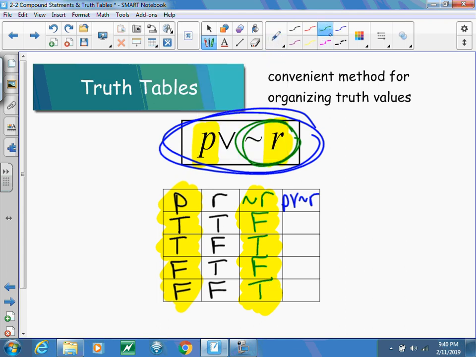So one or both have to be true in order for the statement to be true. So if I have a true and a false, there's at least one true, so the whole statement's true. True, true, the statement's true. False, false, the answer's false. False, true, the answer is true. And so right here, you should have 3 trues and 1 false with your truth table.